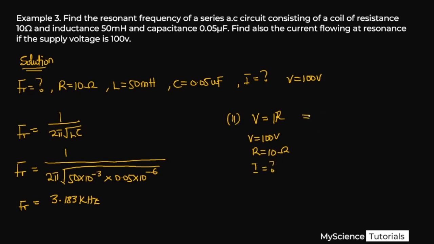So if we make the current the subject from here, current will be equal to the voltage over the resistance, which is 100 volts divided by the resistance, 10 ohms. If we do that calculation, we are going to get 10 amperes as our current in this particular example.